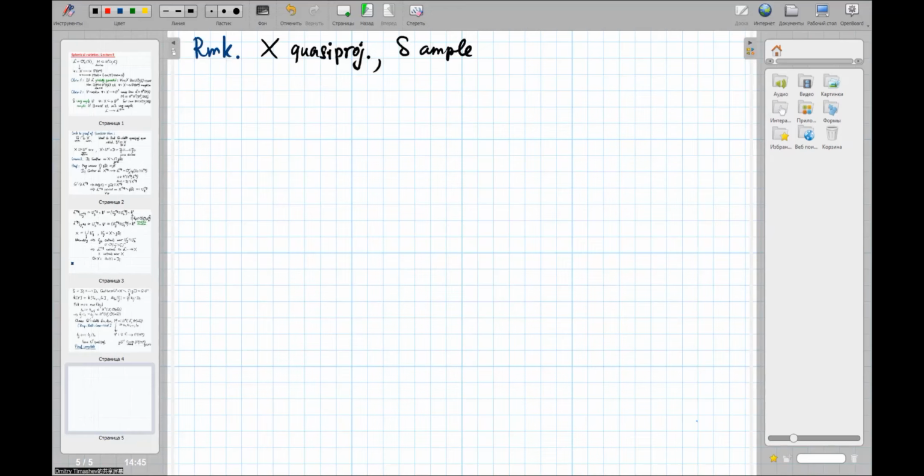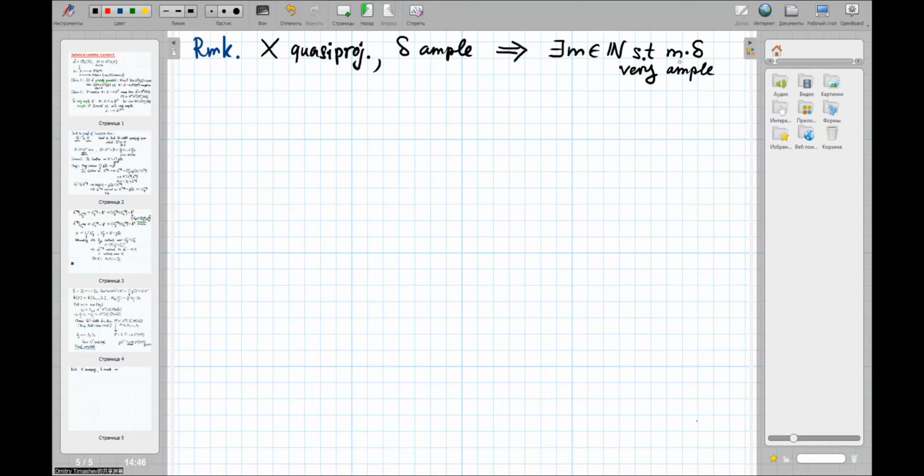Since it is quasi-projective, it is embedded in the projective space, and there exists an ample and even very ample divisor on it. We may choose a multiple of this delta, which is very ample. If X is quasi-projective, the divisor corresponding to the hyperplane section is ample.